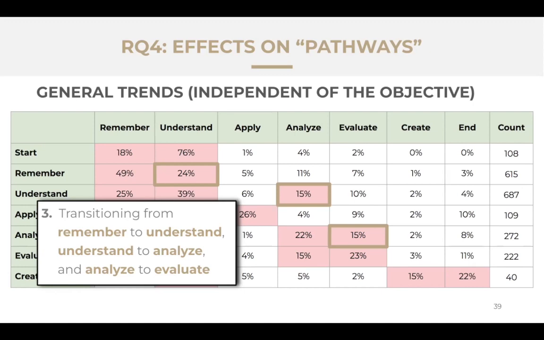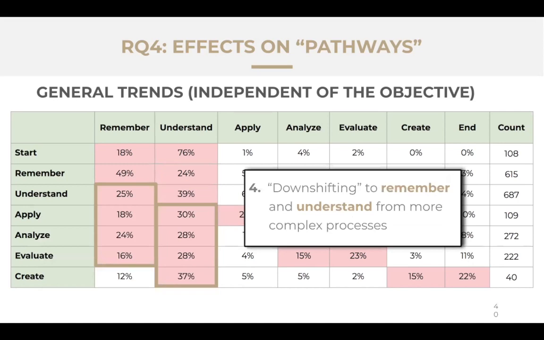So if you're trying to understand some concept, that usually leads to understanding how that concept relates to other concepts. And then analyze to evaluate also makes sense because we often go from understanding how things are different from one another to basically evaluating them. If you're trying to decide between different alternatives, a prerequisite to that is understanding how the alternatives are different.